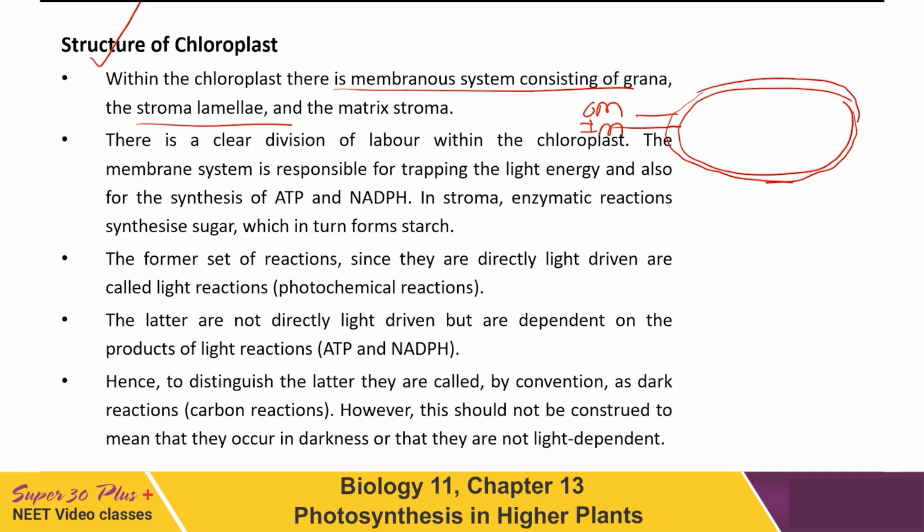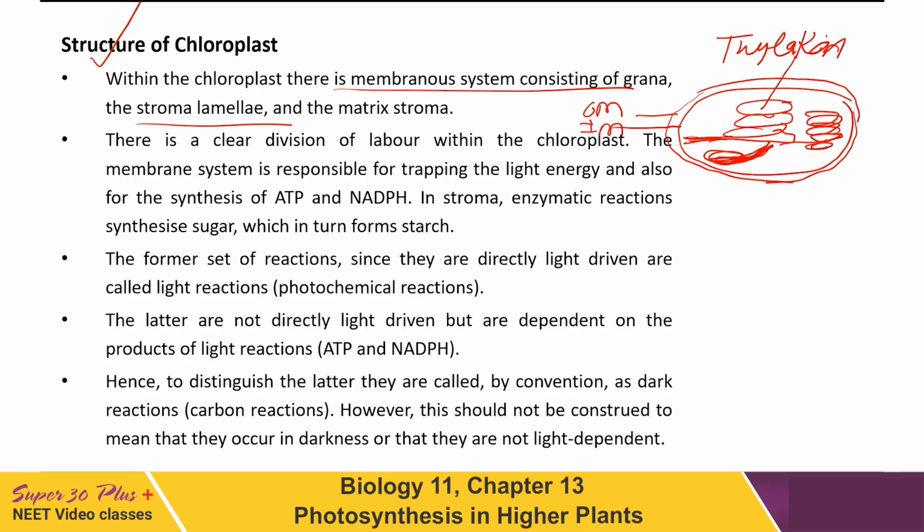And here you see we have a third system of membrane. It is called granum, and there may be so many grana in a typical chloroplast, and all these grana are connected by the intergranular lamellae.